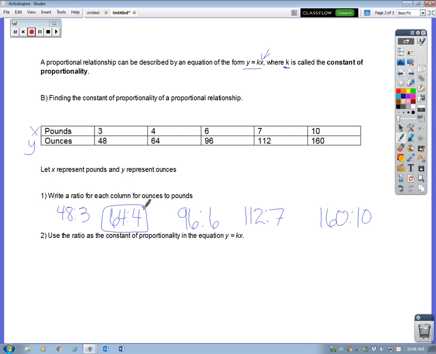First of all, if I were to write 64 to 4 as a fraction, because it's easier to use it in an equation, we would write 64 over 4 equals k, our constant of proportionality.